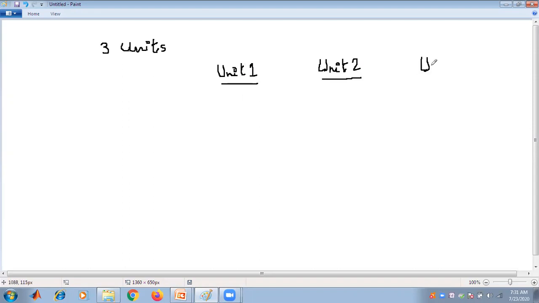So we are dealing with the combinations. How many combinations will there be? One combination is that all the units are in off condition. Another is that unit 3 is in running condition, only unit 3. Here 1 stands for the running condition and 0 stands for the off condition.